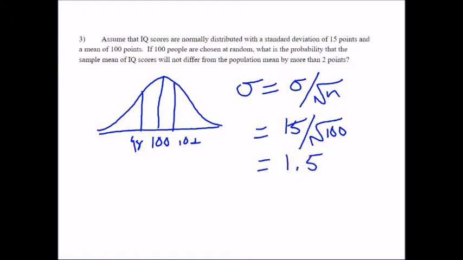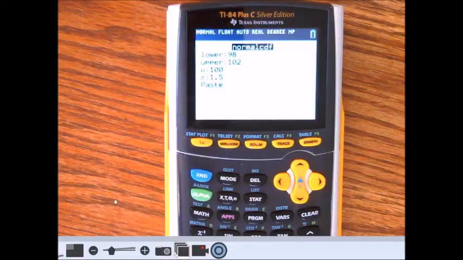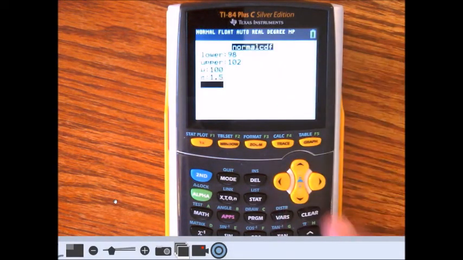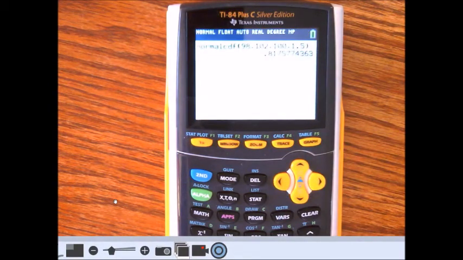All right, so we go to our calculator. Lower 98, upper 102, mean 100, standard deviation 1.5, and we get 0.818.